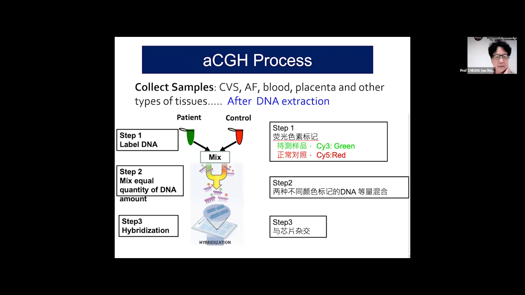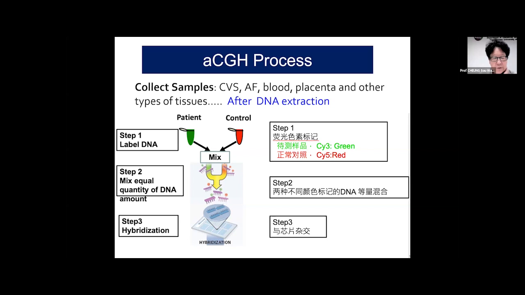The process of a CMA is that you can collect samples from CVS, amnio, blood, placenta, and other tissues. After DNA extraction, step one is to label the patient DNA and the control DNA.